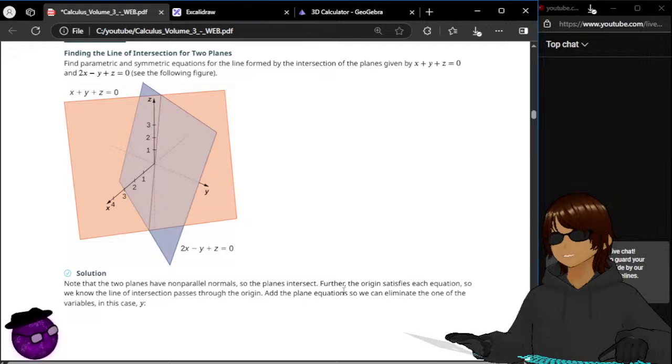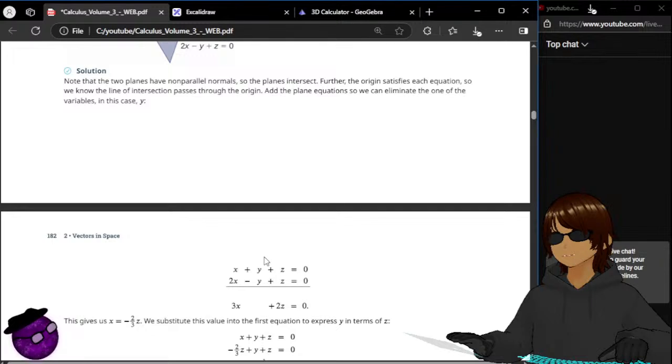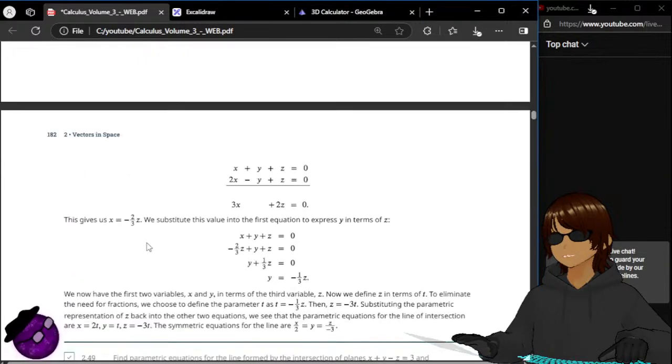Add the plane equations so we can eliminate one of the variables, in this case y. This gives us x is equal to minus 2 over 3 z. We can substitute this value into the first equation to express y in terms of z. So y is equal to minus 1 over 3 z. We now have the first two variables x and y in terms of the third variable z. We now define z in terms of t.